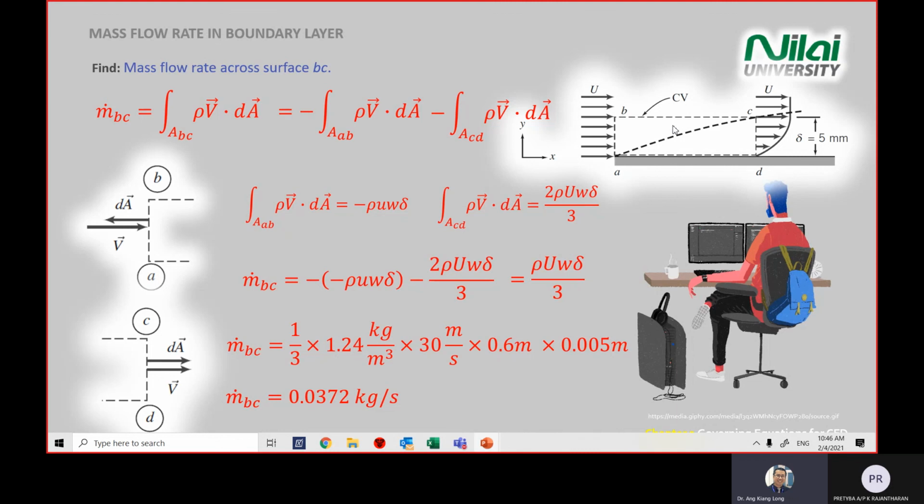You can also check in the simulation, at this point or a certain point along this plate, what is the m dot that goes across this point. There's a value that you can check. This exercise is also covered in the second example that I covered for the parametric setting in ANSYS.